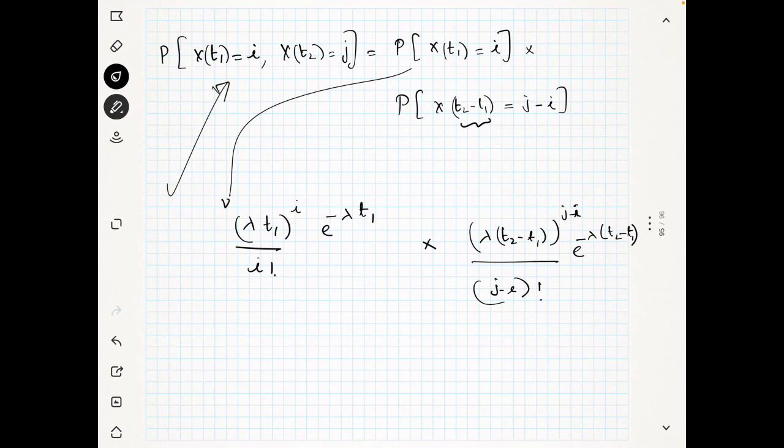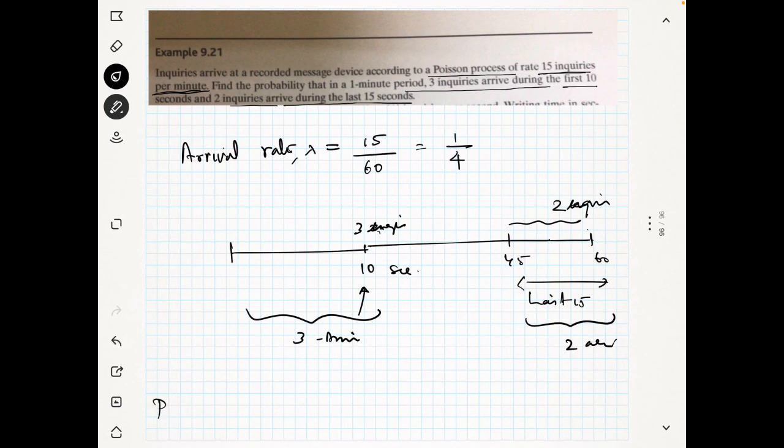The probability of X of t, that means X of 10, starting from 0, so X of 10 minus 0 is 3, and 2 inquiries in the last 15 seconds, X of 60 minus 45 takes the value 2.